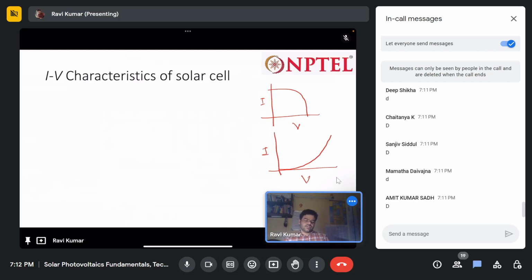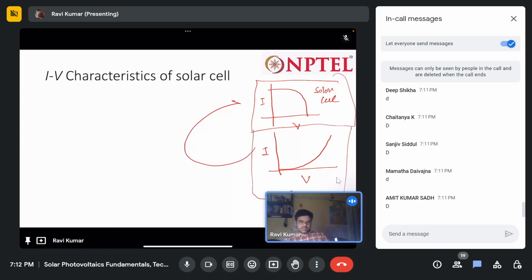Now tell me why it is like that. Solar cell is a semiconductor, then how is this IV curve different from the semiconductor IV? Can you obtain these characteristics from this?